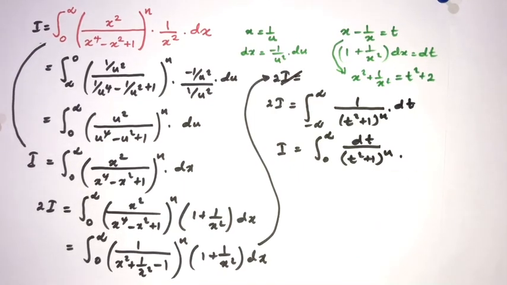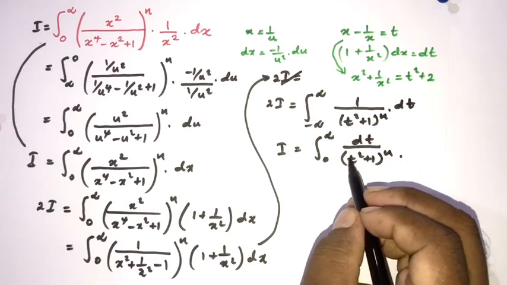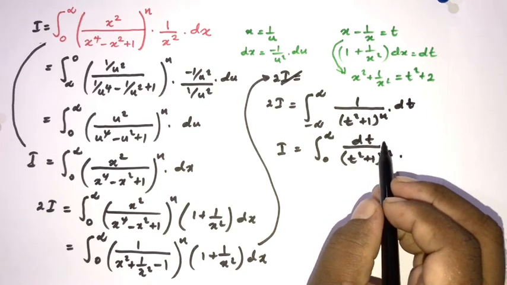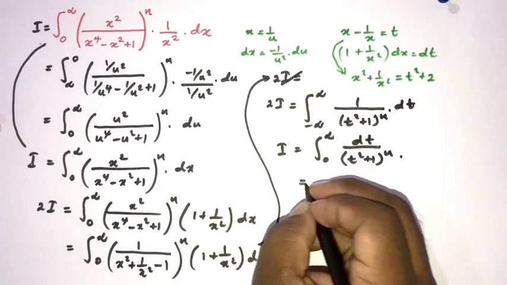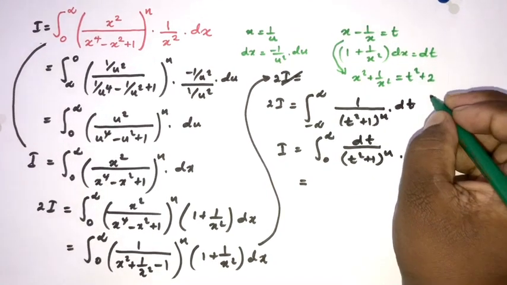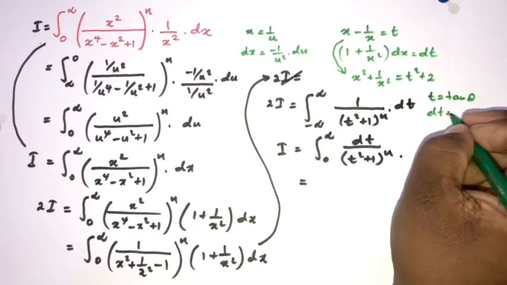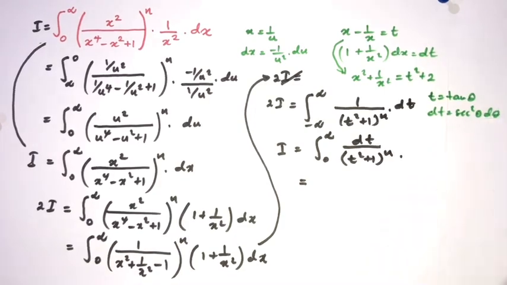If we take t is equal to tan of theta, we know 1 plus tan squared of theta is secant squared of theta. Here if we differentiate, also secant squared of theta, and we can simplify this. Now I am going to take t is equal to tan of theta, then we know dt is equal to secant squared of theta d theta.